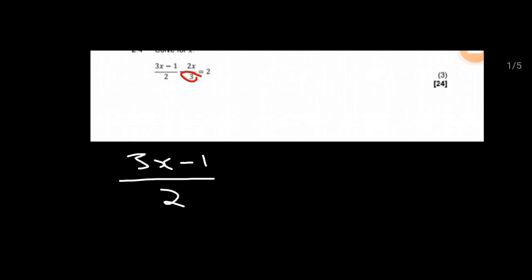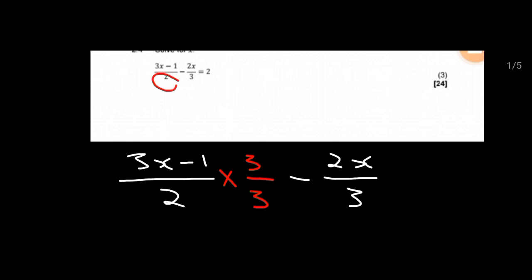So we take this 3 and write it on the other fraction as a form of multiplication, meaning we multiply by 3 over 3. Then minus 2x over 3. Of course, we take this 2 and write it as a form of multiplication, multiplied by 2 over 2, equal to 2.